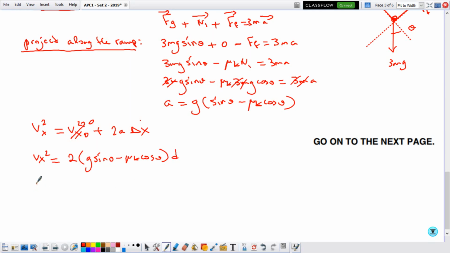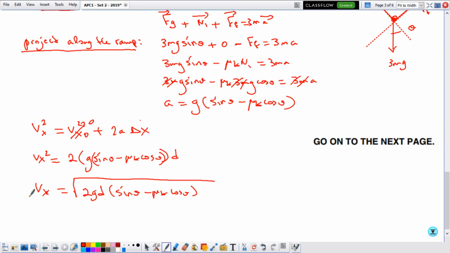Then now vx, which is the speed at the bottom of the ramp, would be given by the radical of 2gd multiplied by sine theta minus mu k cosine theta.